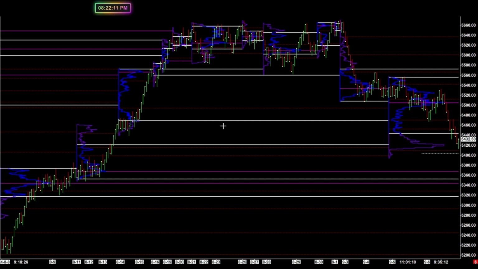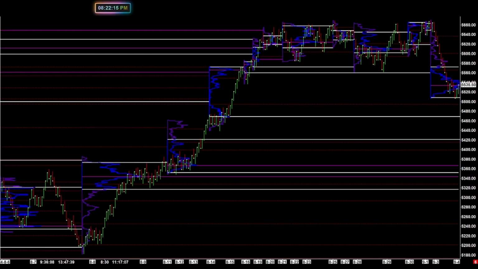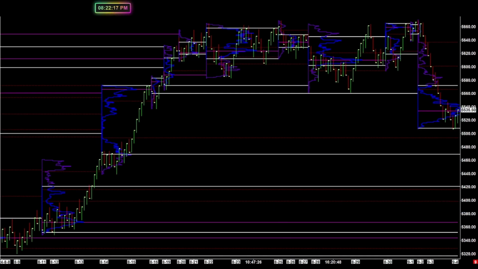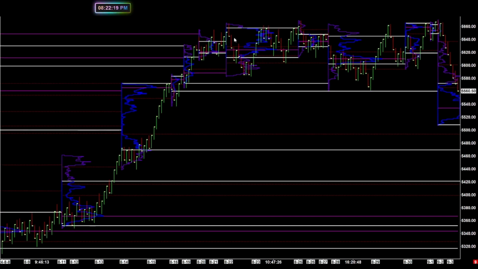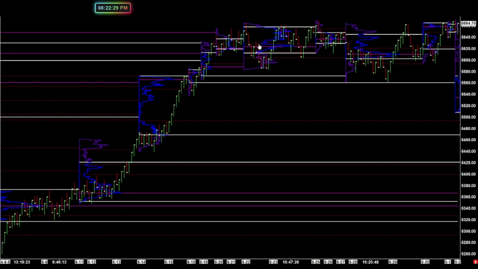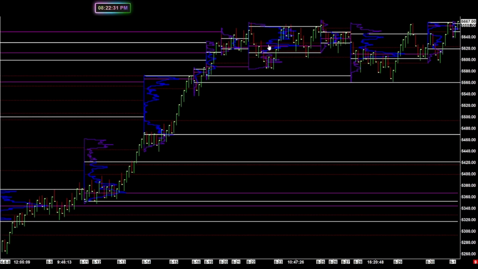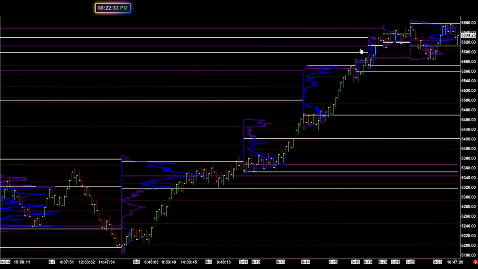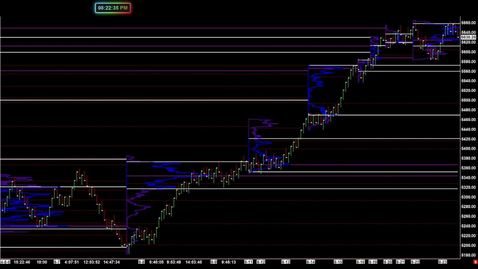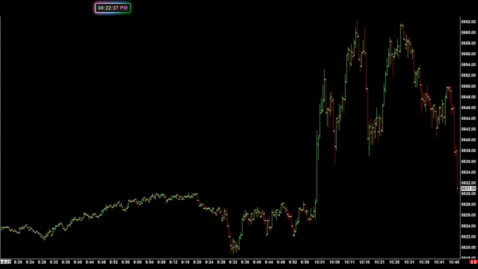If we were to have this range, we tested it. If it broke above this point and then came back down, I can probably show it on here better. Okay. This is the 23rd.